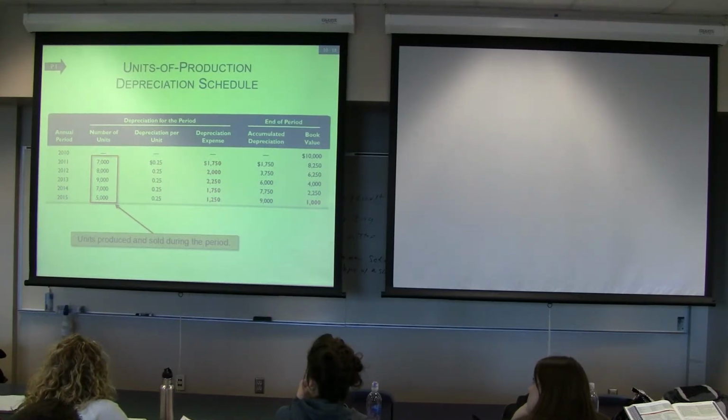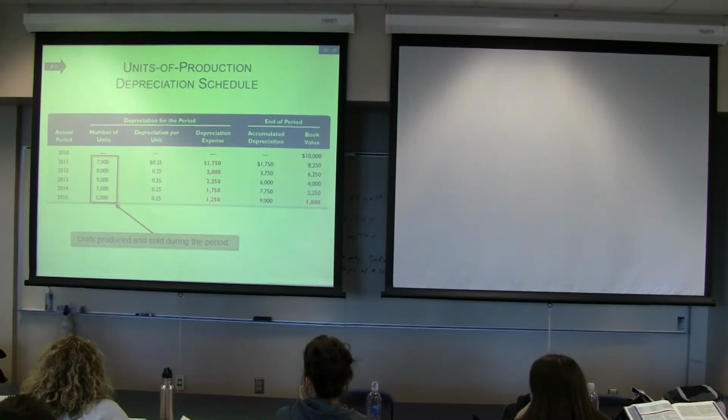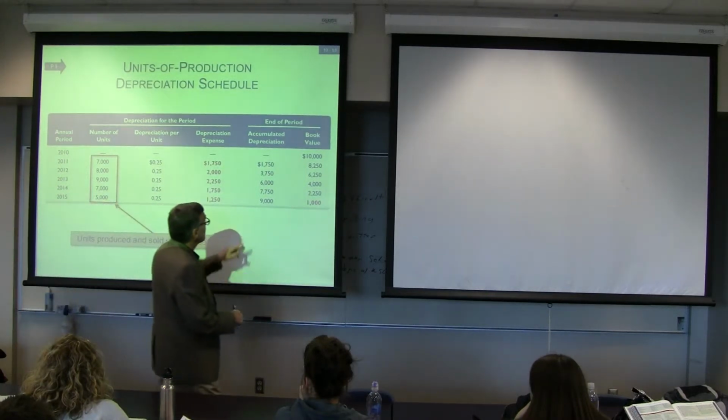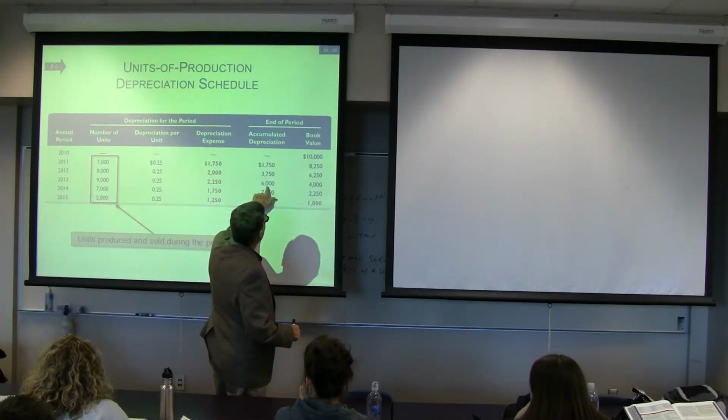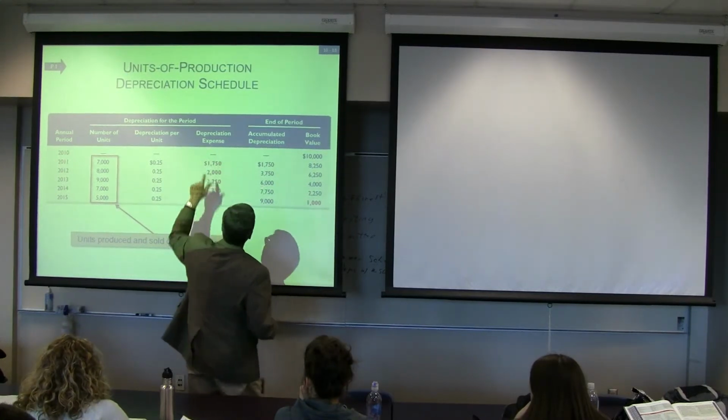And how would you report the difference? Suppose at the end of 2013 they sold it for 5. The accumulated depreciation will be 6, the book value is 4, and it cost them 10.